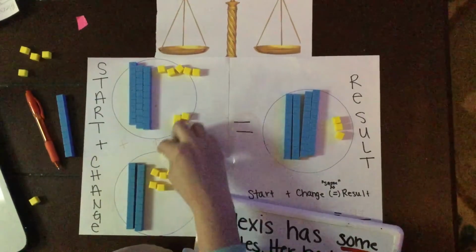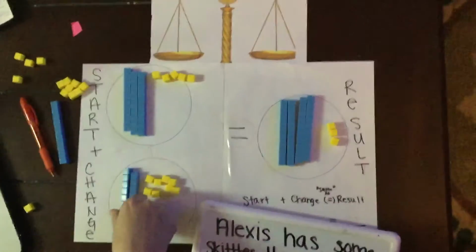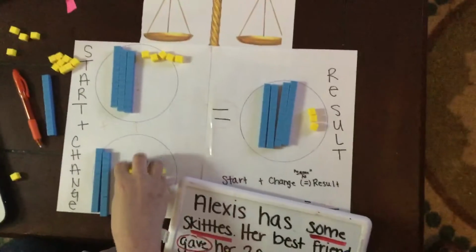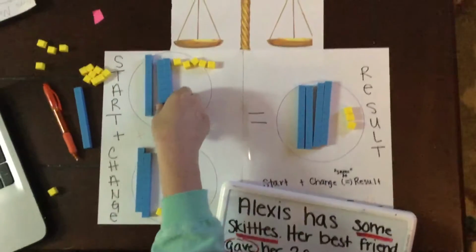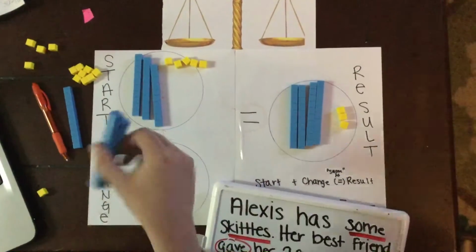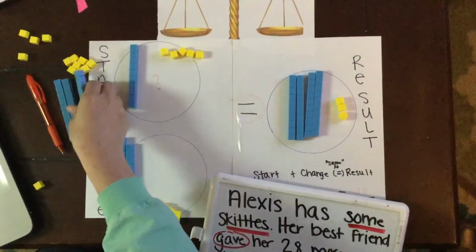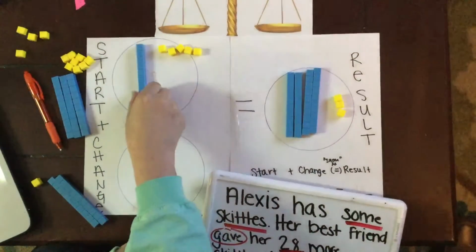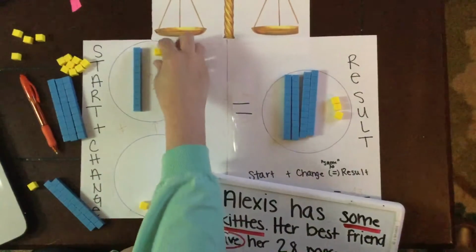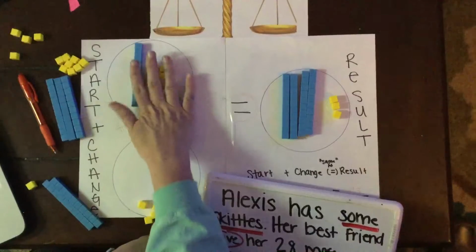So we'll take away those 8. Now we have 2 longs that we can take away. So 1, 2. So this shows our start. We have 5 units and 1 long, which represents 15.